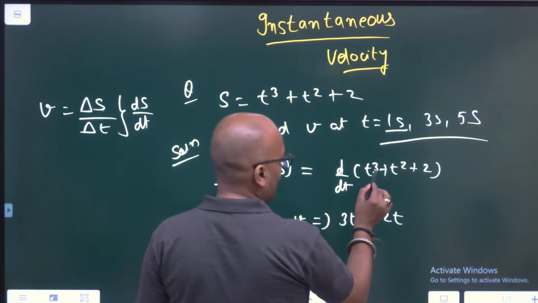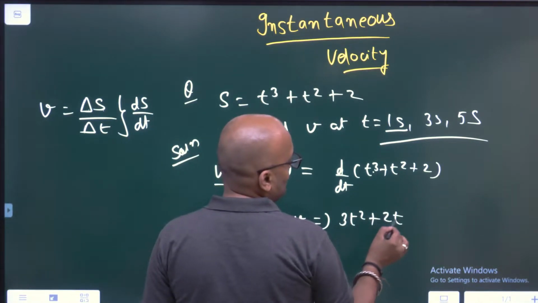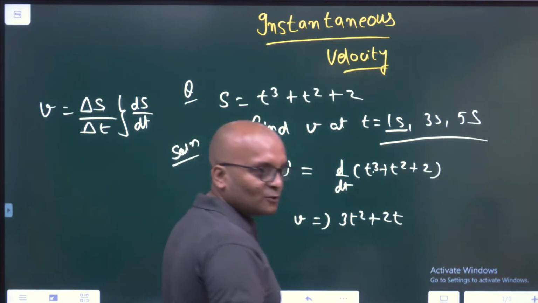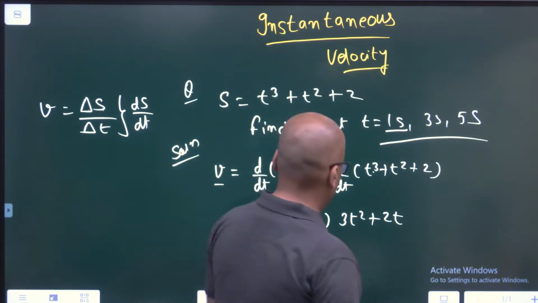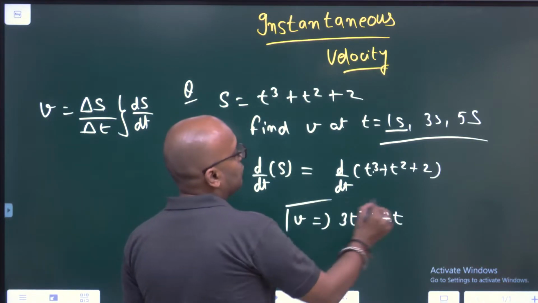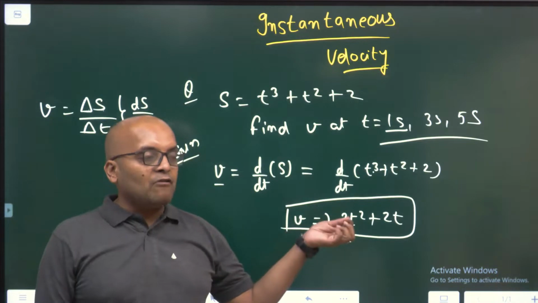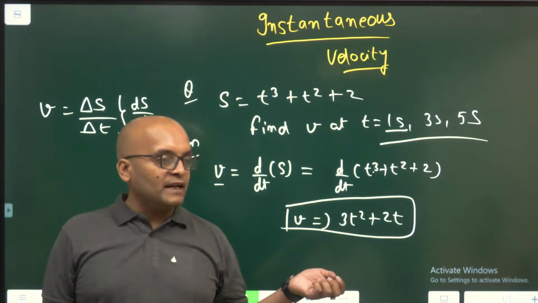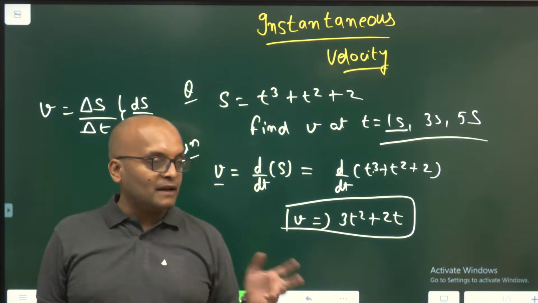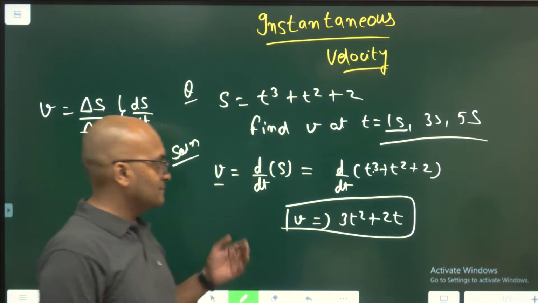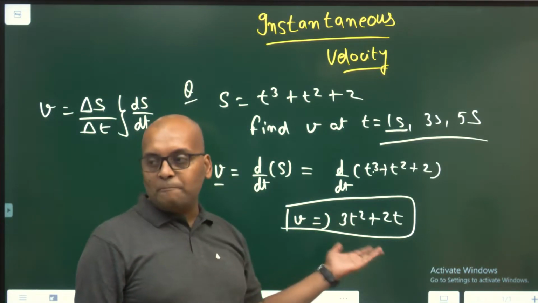Now that will be the velocity. I have just differentiated it. Basic formula: differentiation of x to the power n will be n x to the power n minus 1. This is velocity. Now apply the value.